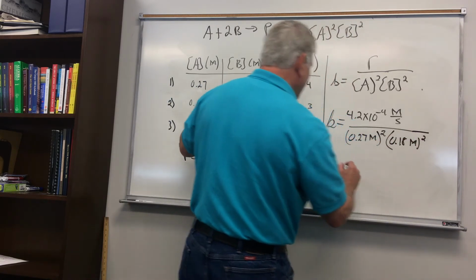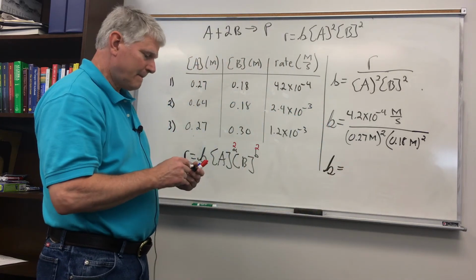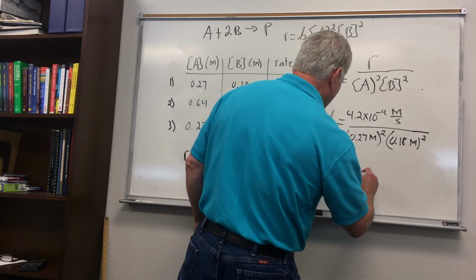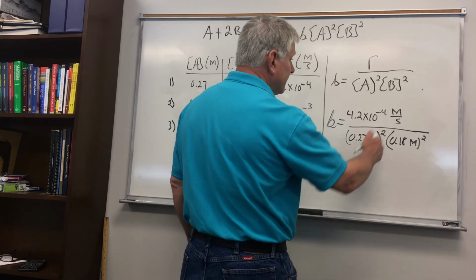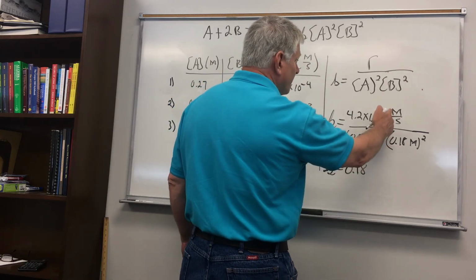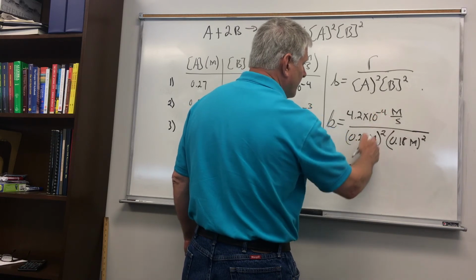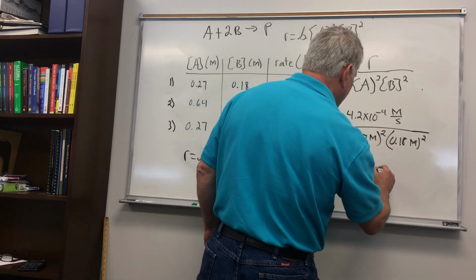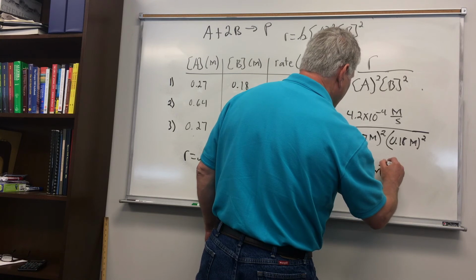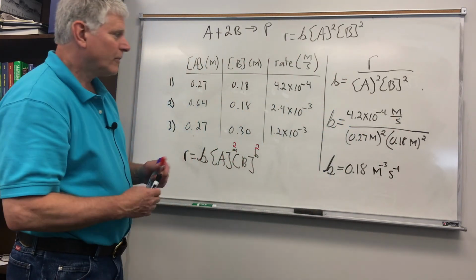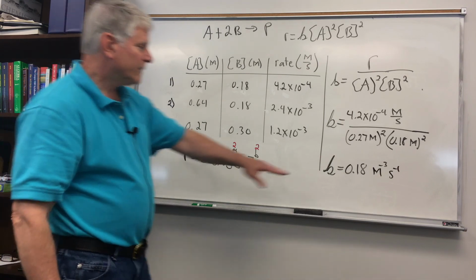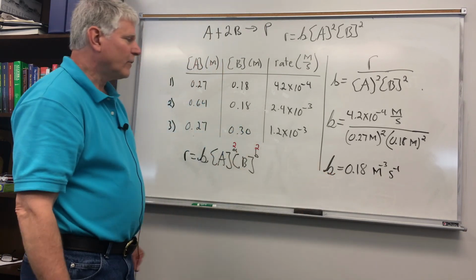So this is my value for k. So I get 0.18, and my units, you can see, are going to have molar cubed in the bottom. So I have per molar cubed per second. So this is the value of my rate constant.